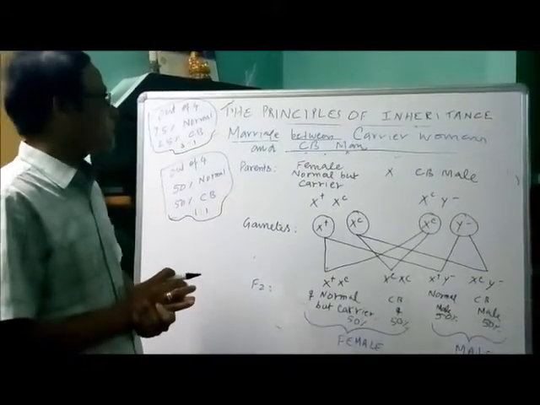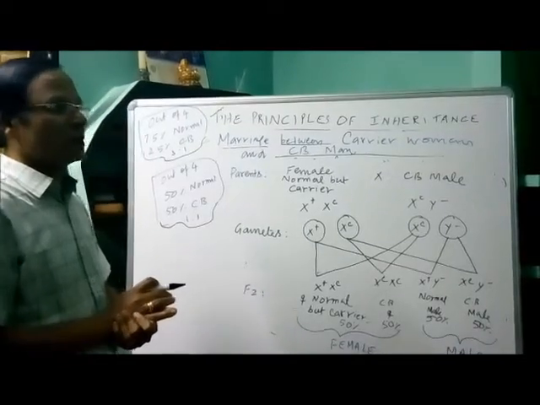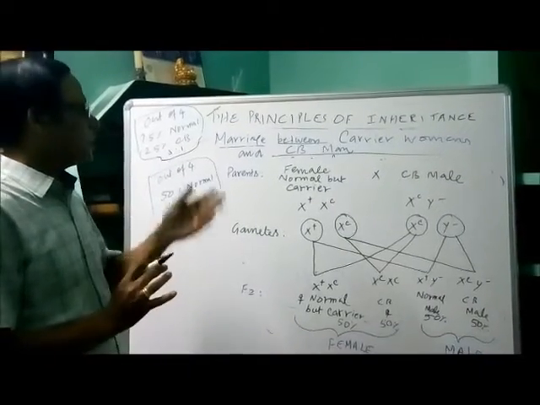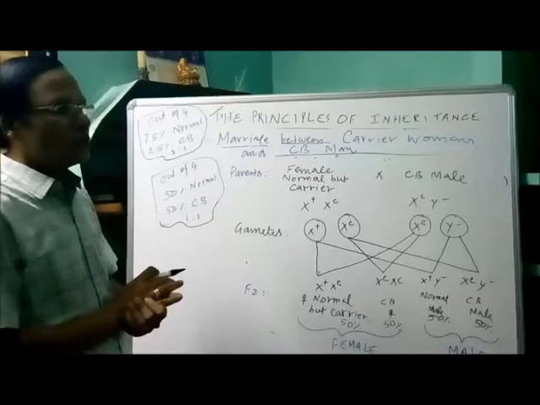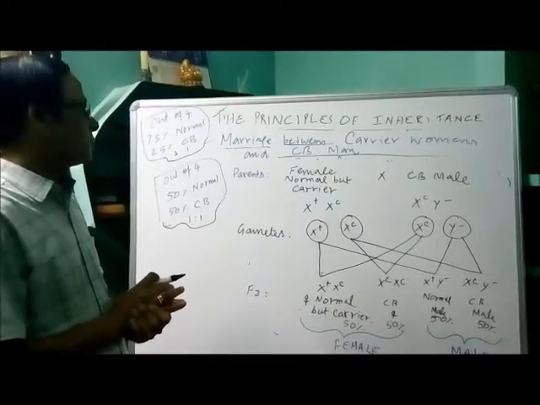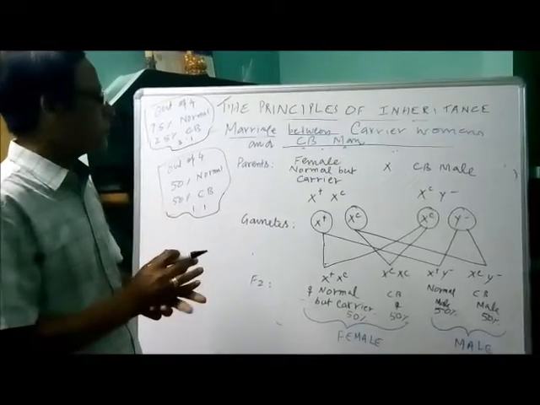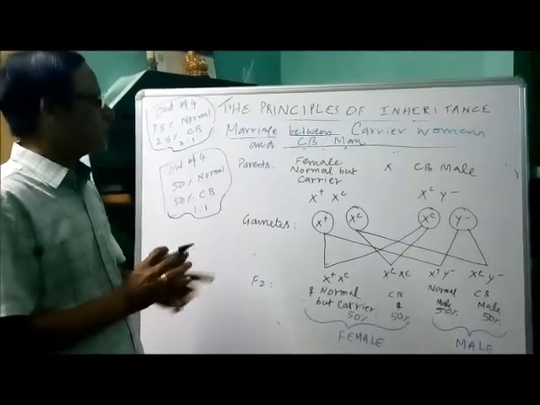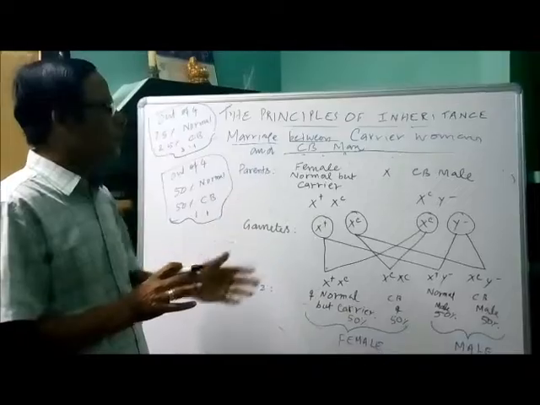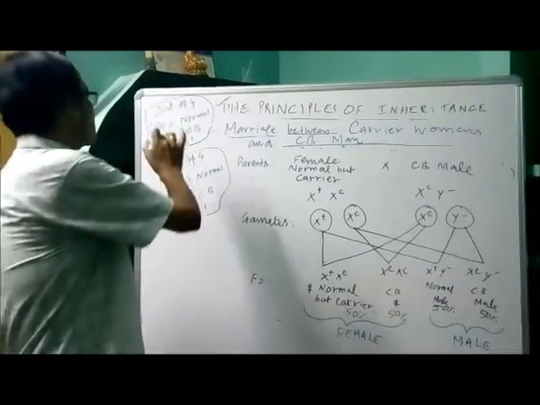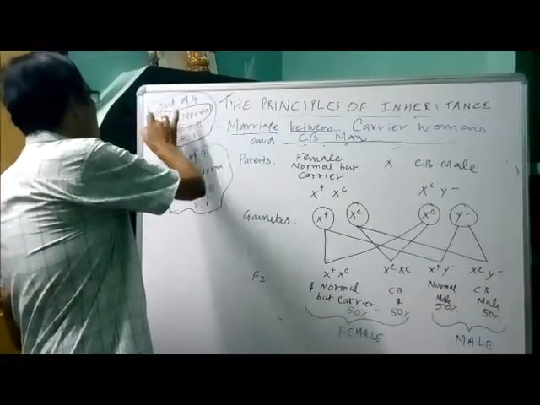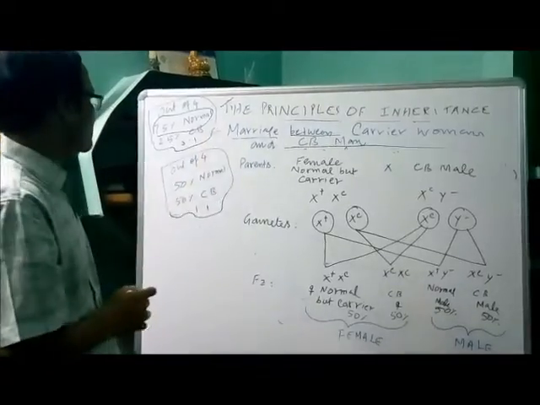Now in the previous instance, a marriage between a normal woman and a colorblind man, we are getting all the males normal, carrier and normal male. So out of that one, carrier female and normal male, out of the 4, 75% of the individuals are normal, refer the previous marriages.